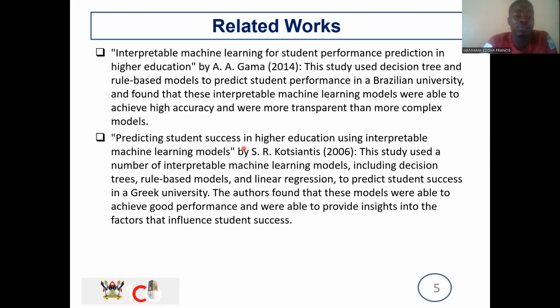We see that also in predicting students' performance in higher education, this research by SR Constantis used a number of interpretable machine learning models, including decision trees, rule-based models, and linear regression to predict students' success in a Greek university. The authors found that these models were able to achieve good performance and were able to provide insights into factors that influence student success.